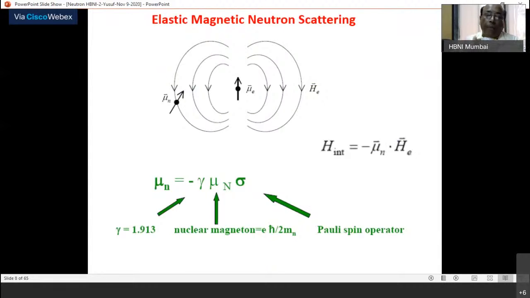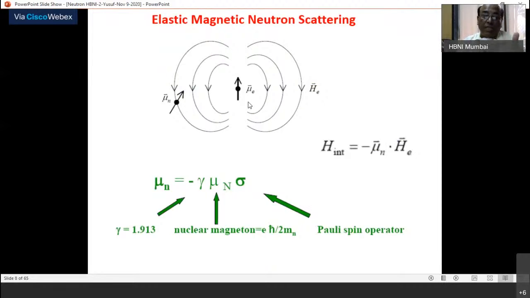So the neutron's own magnetic moment will interact with the magnetic moment of Fe2+. Or if you have manganese, let us say manganese 3+, the neutron magnetic moment will interact with the manganese 3+ magnetic moment. So it is the interaction between two magnetic dipoles, the neutron magnetic dipole and your atomic or ionic magnetic dipole.